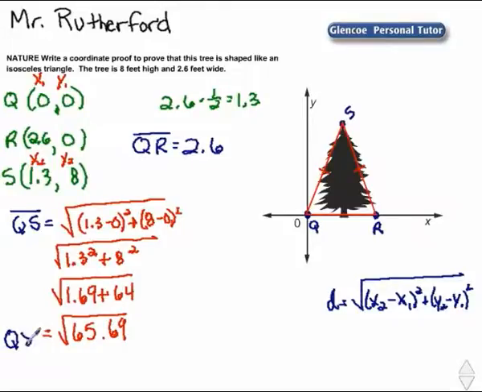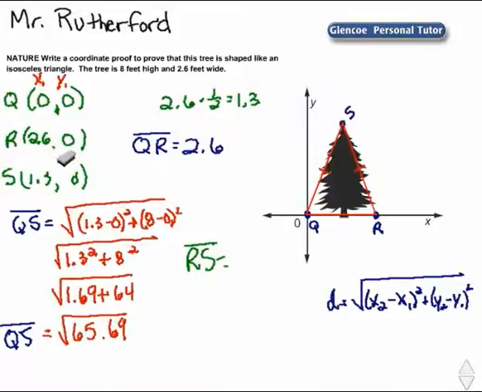So now we need to find the length of our other side, which is RS, or SR, to find out if it's equal to the length of QS. So RS will be equal to, we need to again label our x1, y1, x2, and y2.